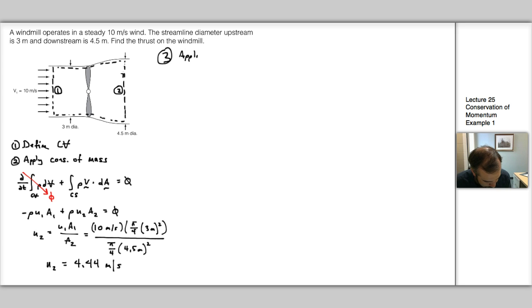Step 3, apply conservation of momentum. Okay, again, we're going through our recipe. Control volume, conservation of mass, conservation of momentum.